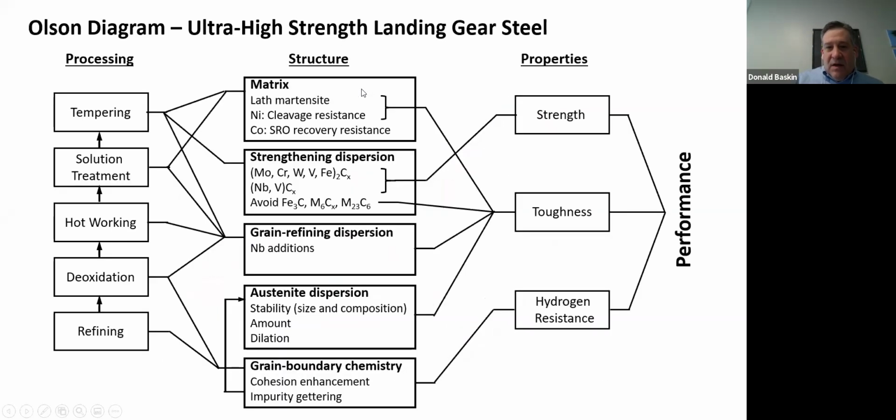Okay. We've talked before about these processing structure property systems diagrams, and I wanted to show you what the full strength version of these looks like. This is a real processing structure property systems diagram that was created a while ago, maybe back in the early 2000s or late 90s, or maybe even the mid 90s, for an ultra high strength landing gear steel.